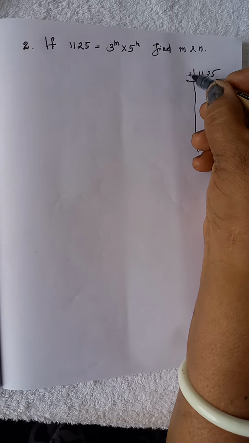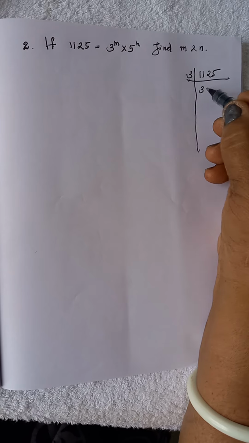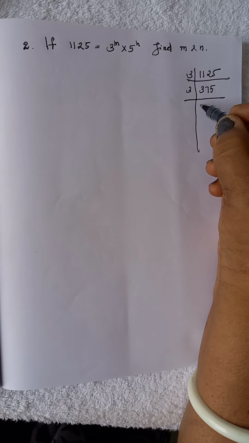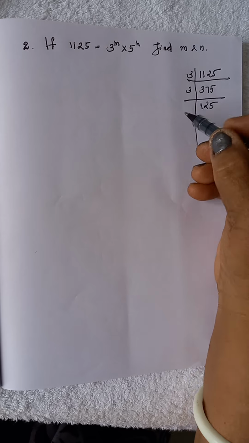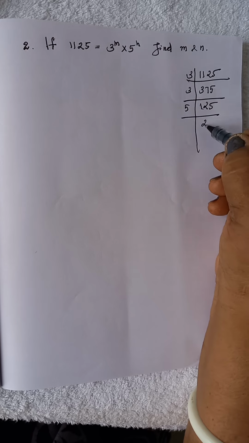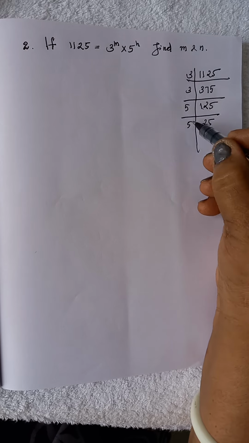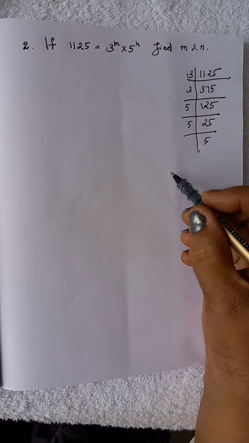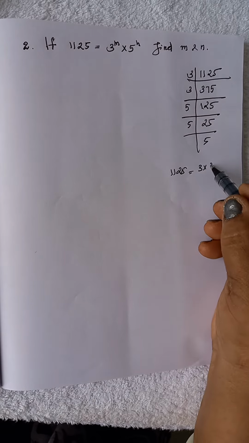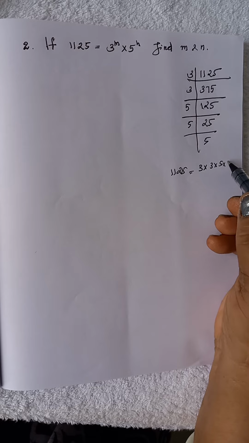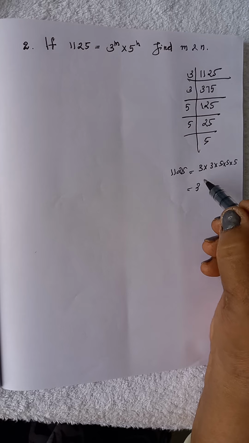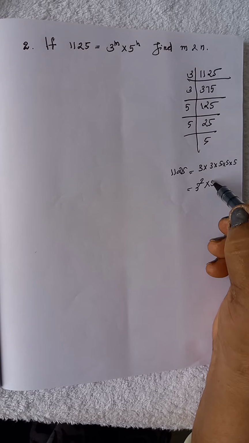Now with the 3, what will we get? 375. Then again with 3, 125. Then with the 5 we get 25. Then again with the 5, 5. So 1125 can be written as 3 into 3 into 5 into 5 into 5. That means this can be written as 3 square into 5 cube.